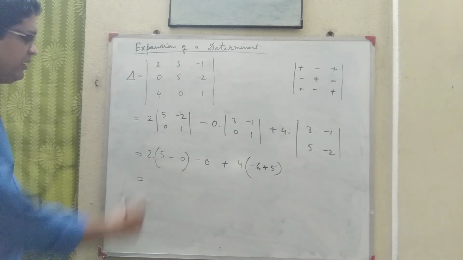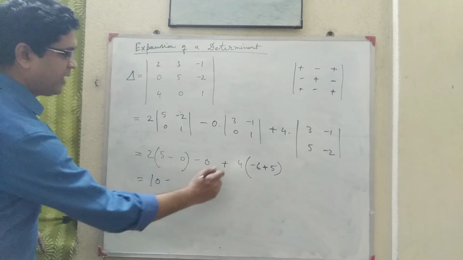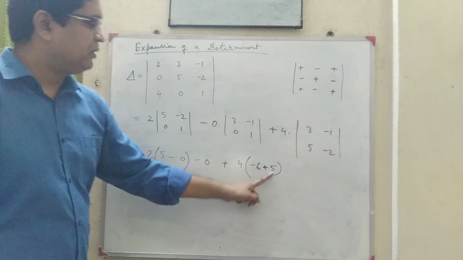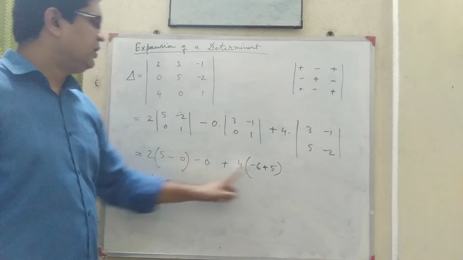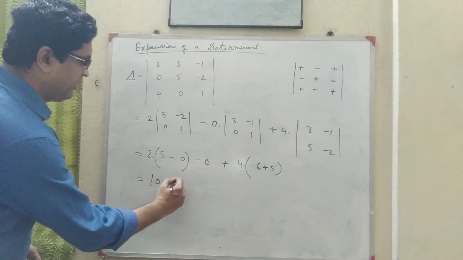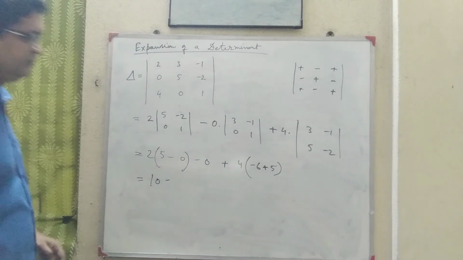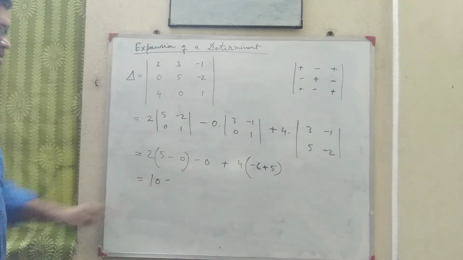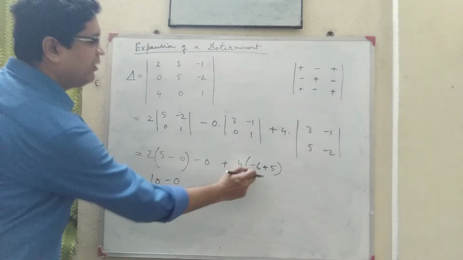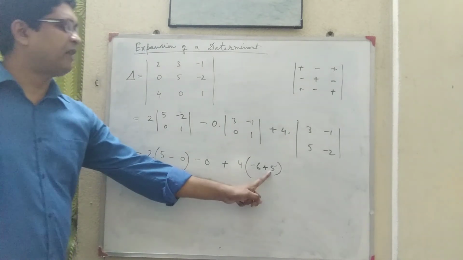Now 2 into 5 minus 0, that means 10, minus 0 means you don't have to write, plus 4 into minus 6 plus 5 is minus 1.